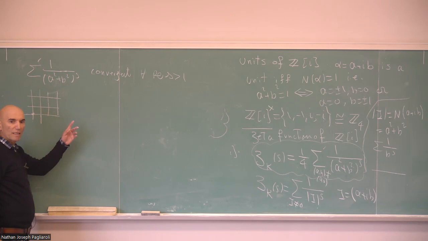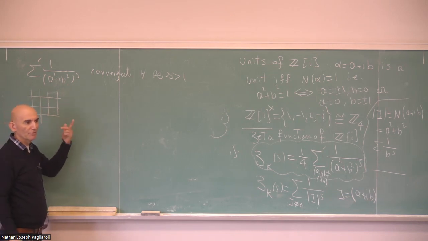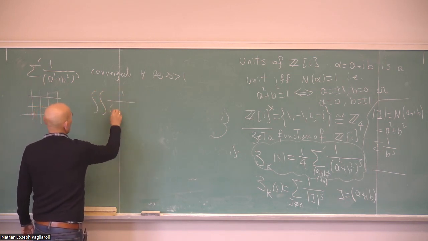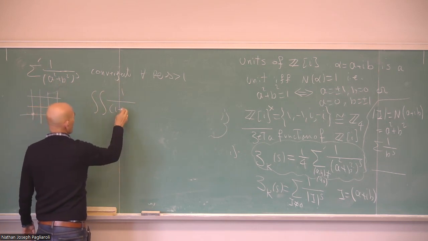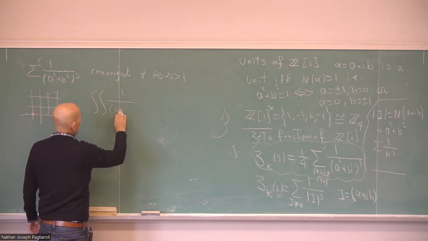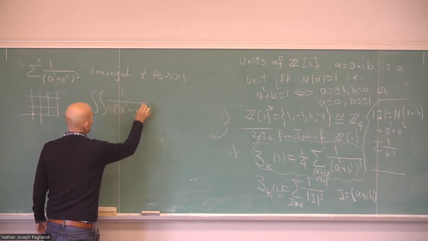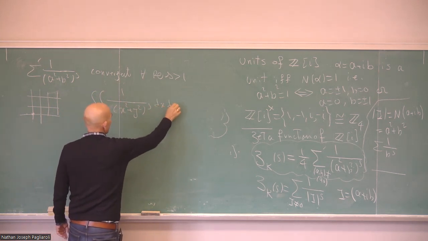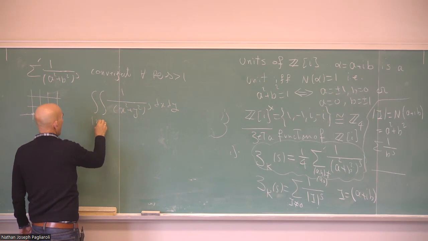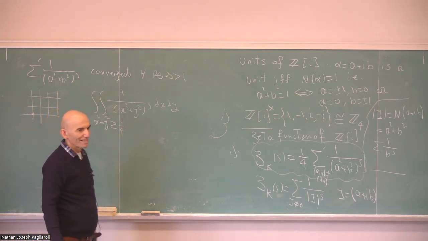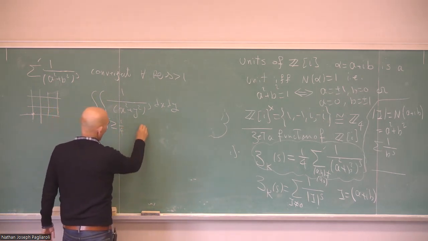Well, this is related to convergence of a double integral, which would be something like this: 1 over (x squared plus y squared) to the power s dx dy over the region where x squared plus y squared is bigger than or equal to a quarter, for example. So I have a double integral which is defined over.